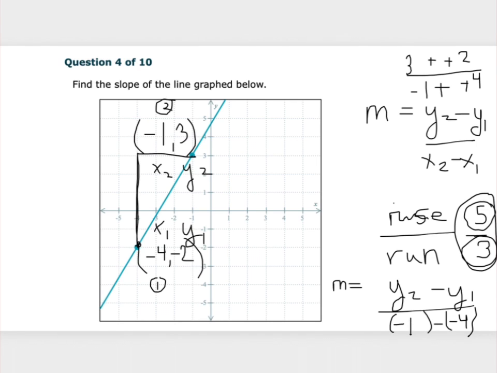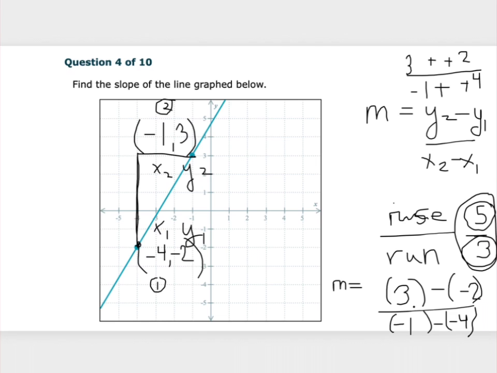Okay, and then we're going to take out the y1 and the y2. So that's y2, take away y1. Y2 is 3, and we'll just put it in parentheses to be consistent. We don't need to. So y2 minus y1, and y1 is a -2.